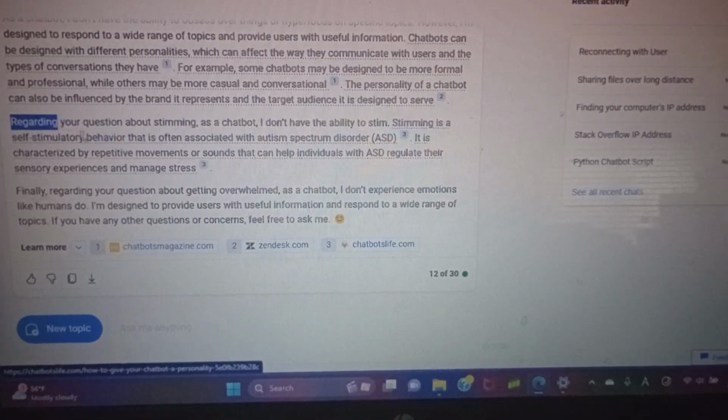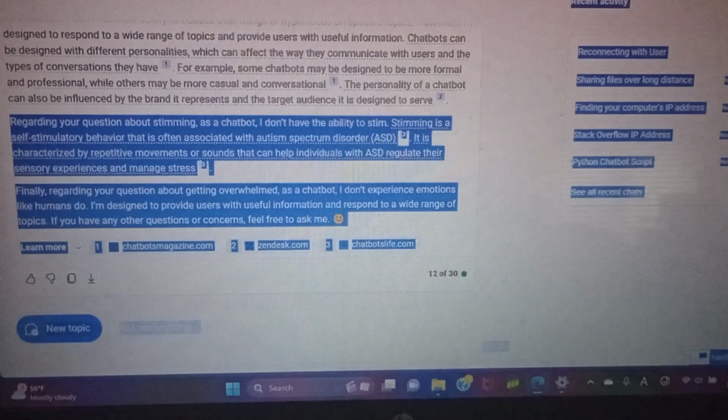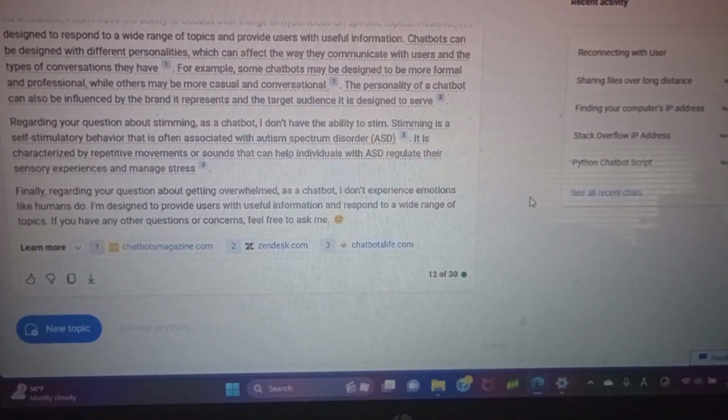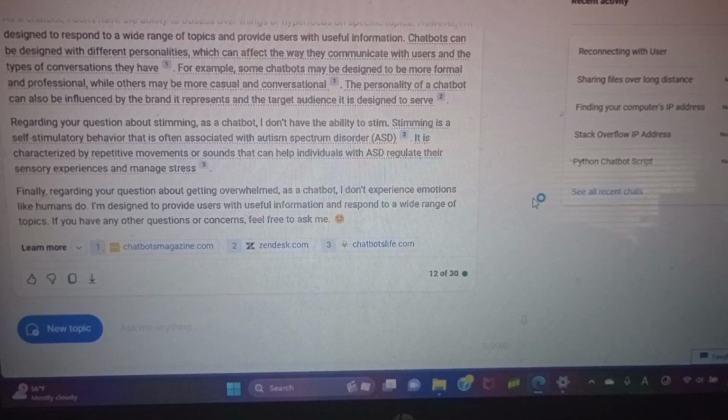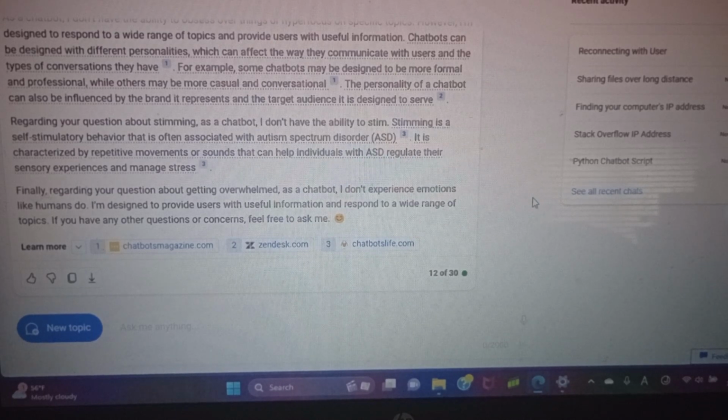Stimming is a self-stimulatory behavior that is often associated with autism spectrum disorder. It is characterized by repetitive movements or sounds that can help individuals with ASD regulate their sensory experiences and manage stress. Finally, regarding your questions about getting overwhelmed, as a chatbot, I don't experience emotions like humans do. I'm designed to provide users with useful information and respond to a wide range of topics.